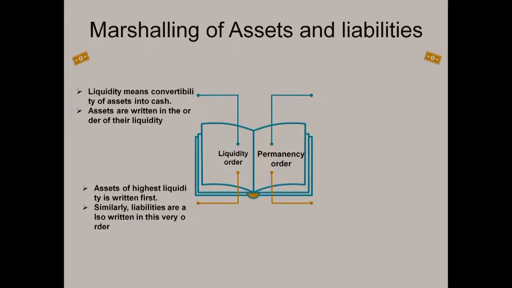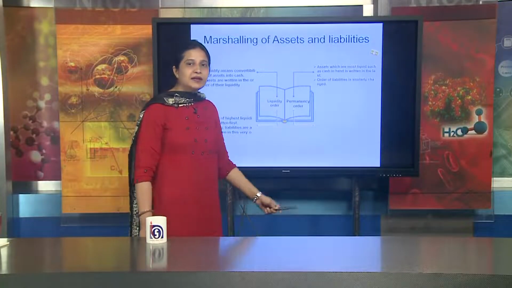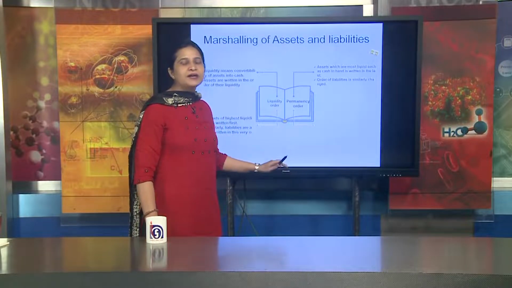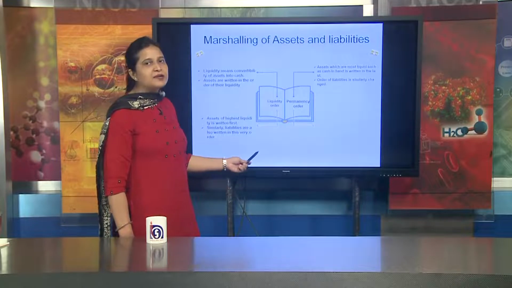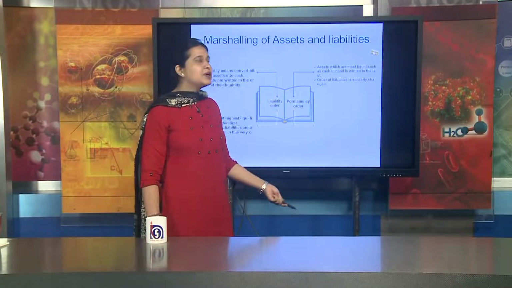Similarly, liabilities are also written in this very order. How? Then what is permanency order? Assets which are most liquid, such as cash in hand, are written at the last. So permanency order is just the opposite of the liquidity order. In that, the cash in hand would come last.